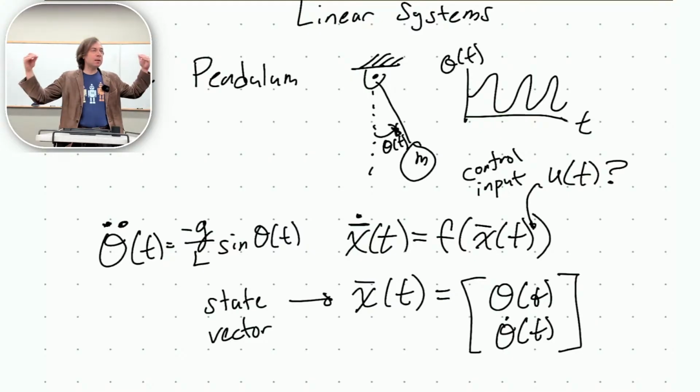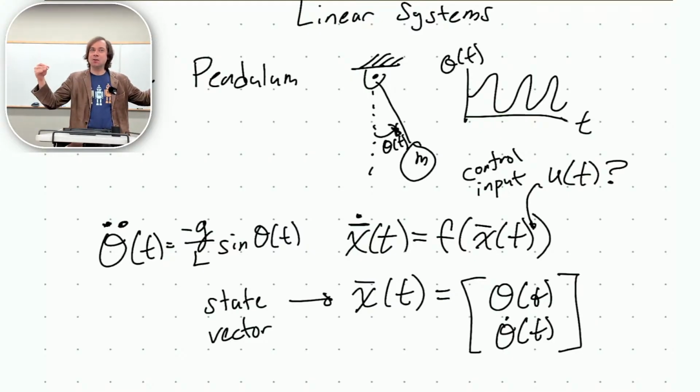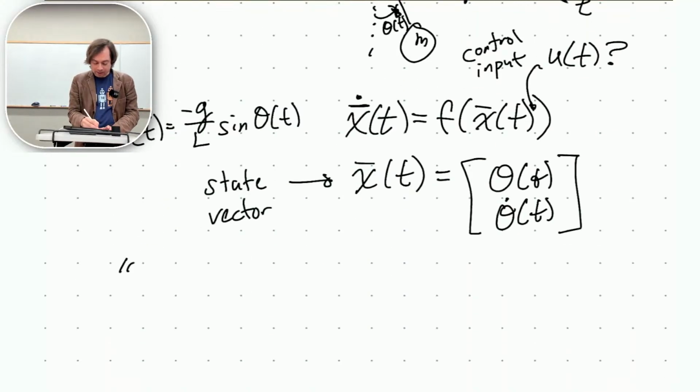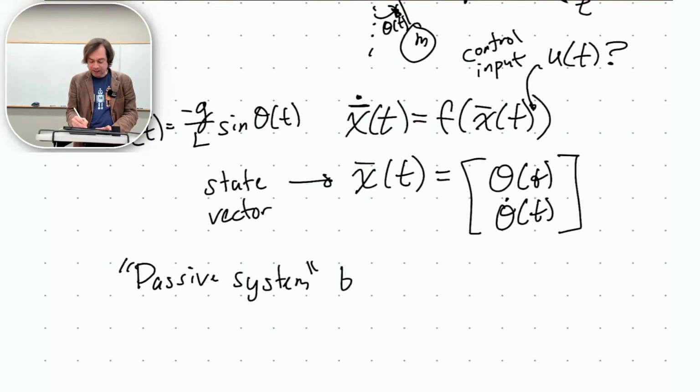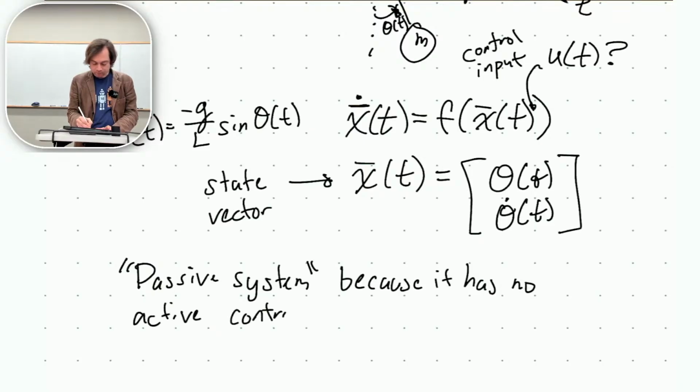There's nothing coming in from the outside where we are deciding what it's going to do and adds energy in, okay? So we call it a passive system because it has no active control. Technically speaking, there's also no energy injection, but we'll leave that aside. But it has no active control. It's passive. It's just swinging. It's doing what it's going to do. Okay?